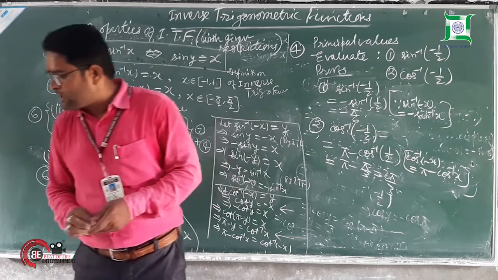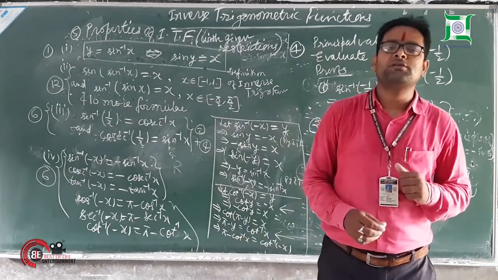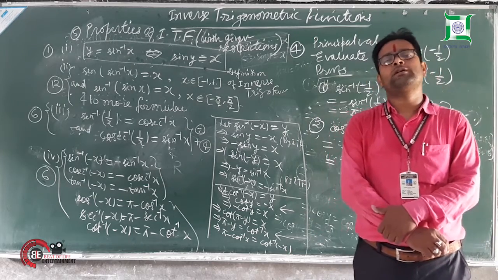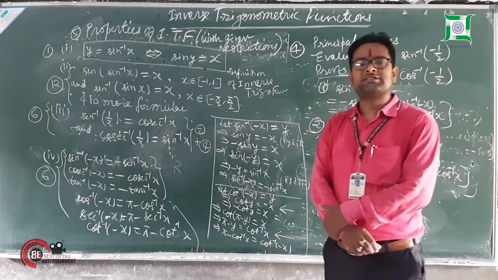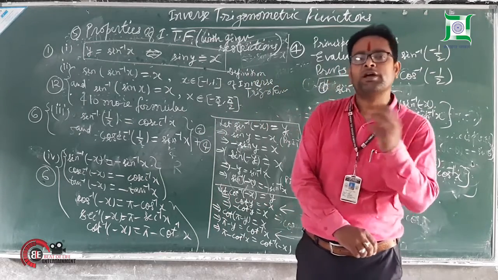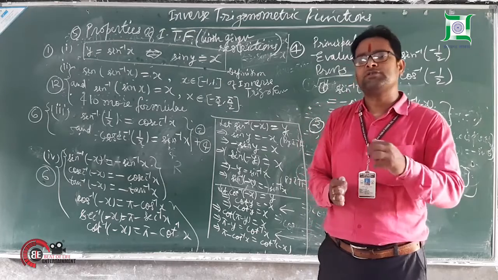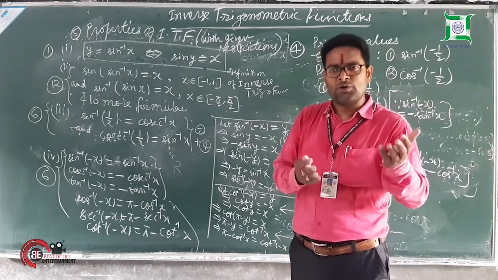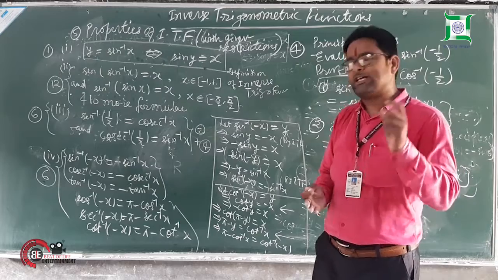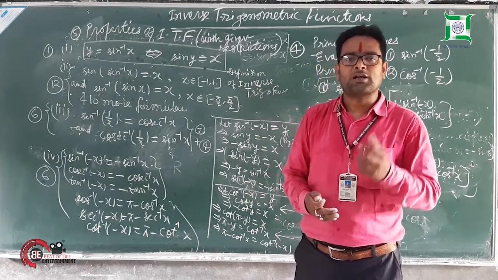The next property is based on complementary angles, which you have studied in junior classes. If the sum of two angles is 90 degrees, they are known as complementary angles. If the sum of two angles is 180 degrees, they are known as supplementary angles. Sine and cos are complements of each other, tan and cot are complements of each other, and sec and cosec are complements of each other.